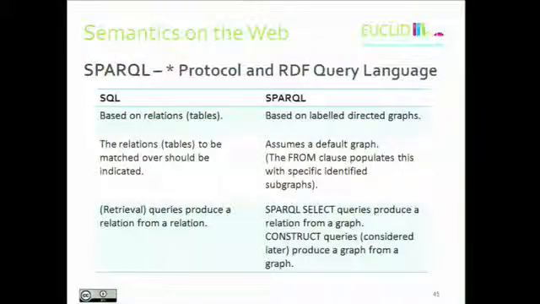So just to re-summarize what I said, SQL is all based on relations. A relational database defines what the relations are, combines them through joins, and gives you back a relation. A SPARQL SELECT query is based on labeled directed graphs, either a default graph, which combines everything together, or some subgraphs, which we'll talk about in the next module, and you get back a table, a relation.